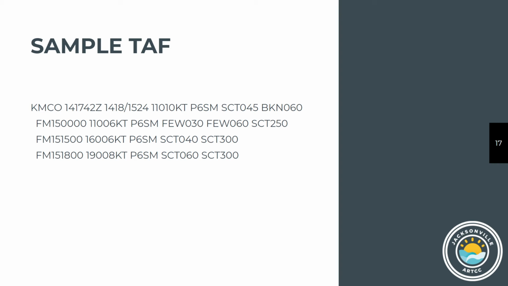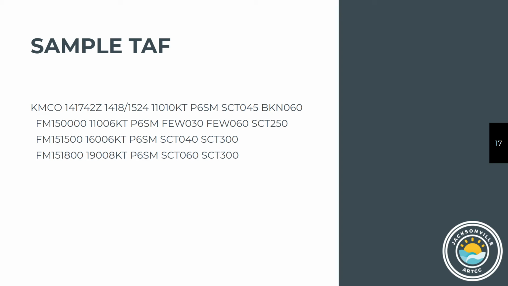And then that period ends at 1500 Zulu on the 15th day, and now we have 160 at 6, predicted 6 miles, scattered 4,000, scattered 3, flight level 300. And then that ends at 1800 Zulu on the 15th day, where this one begins, and it is coming out of the south at 9 knots, predicted 6 miles, scattered 6,000, scattered 3,000.